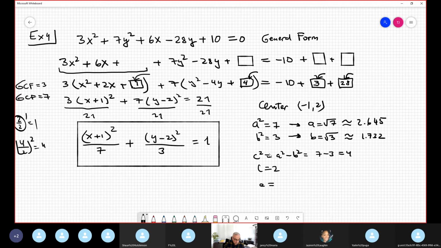Okay, and the eccentricity is c over a. c is 2, sorry, and a is radical 7. And the decimal approximation of this is 0.7559. So basically, we are talking about a horizontal ellipse, a little bit flat, because the eccentricity is 0.7.